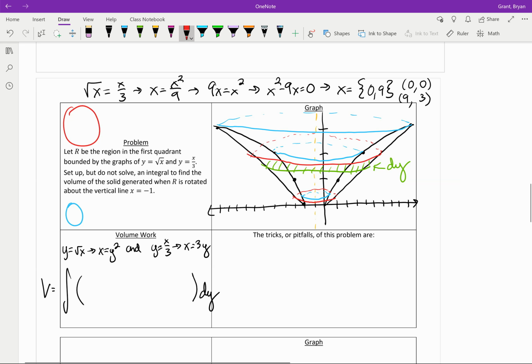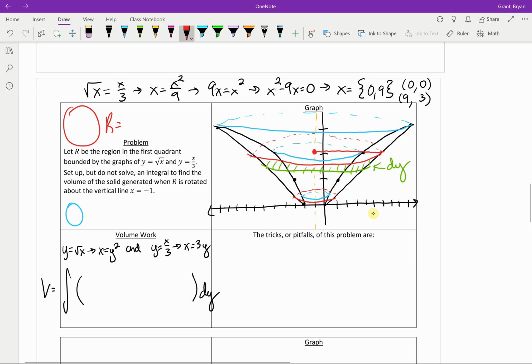Let's write our radii. Big radius first. Okay, my big radius, I need to go from the very center, which is this point here, and I could either draw this way, though I don't know that outer function, so that doesn't seem good, so let's draw the other way. And now because we're going side to side, we need to do our right minus left.